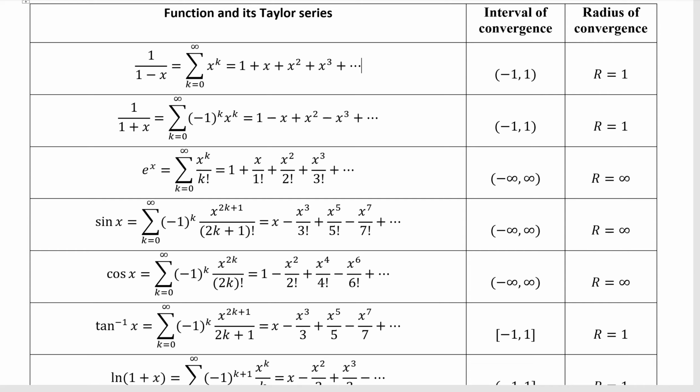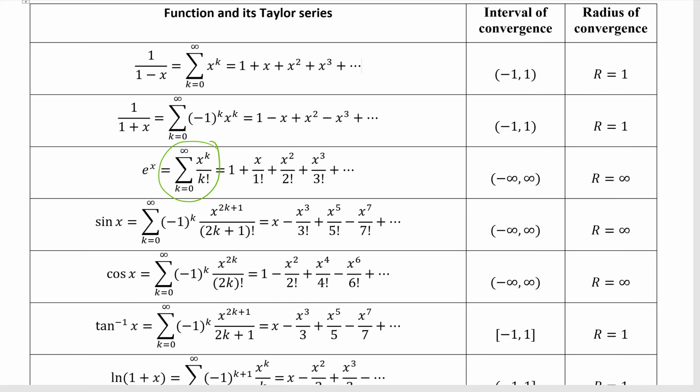All right. Then you can see the next one, 1 over 1 plus x, is simply replacing x by minus x. So we replace x by minus x, and we get this new Taylor series formula. Okay, next. We have e to the x. That's the formula of the sum of x to the k over k factorial.